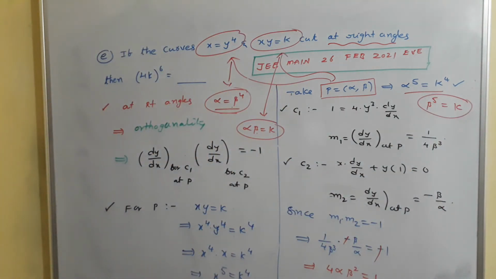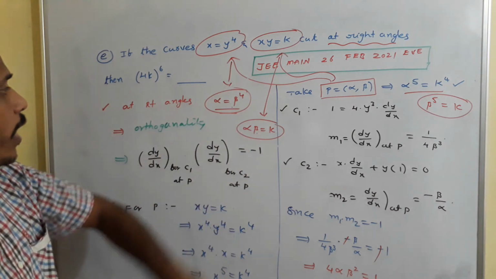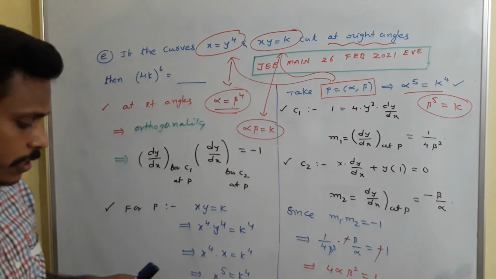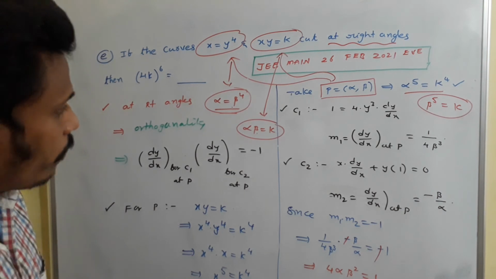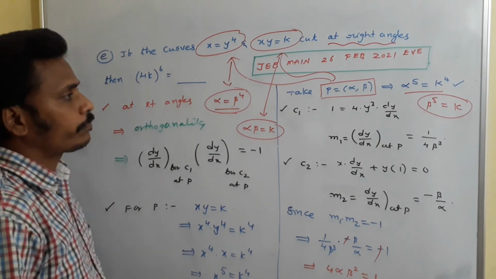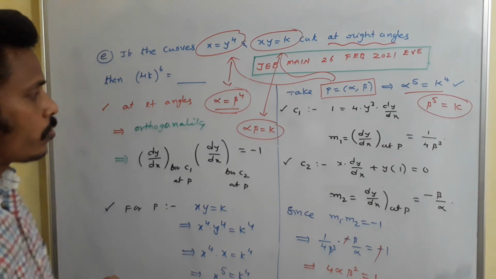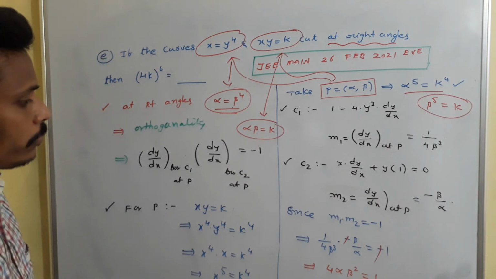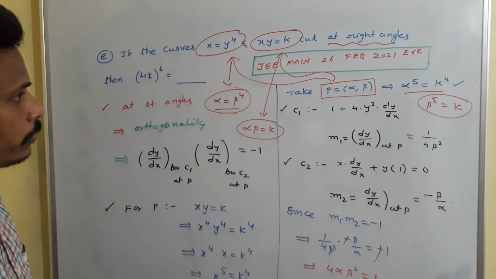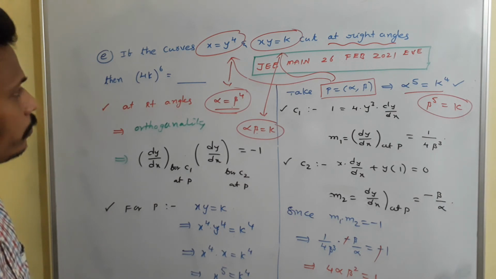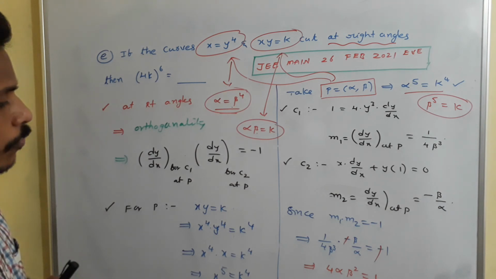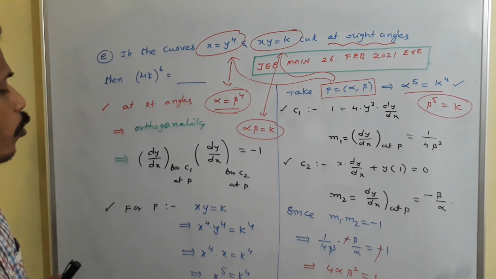Here I have 4 alpha beta square. Our target is to find the value of 4k power 6. We need to convert everything in terms of k, since we need 4k to the power 6.